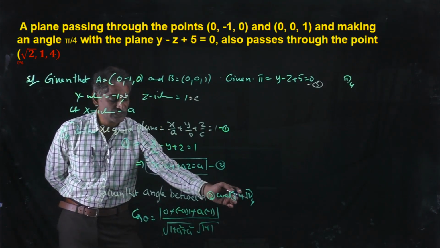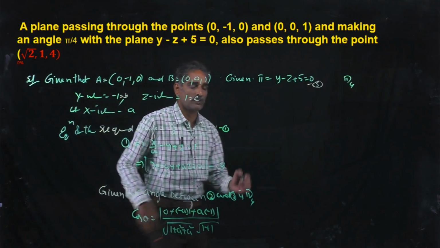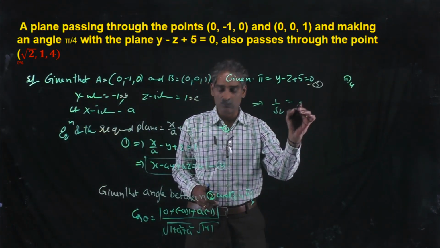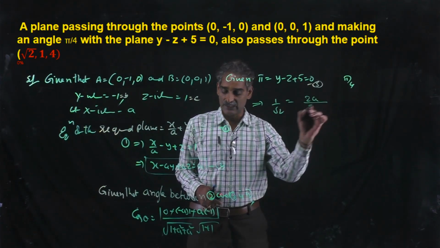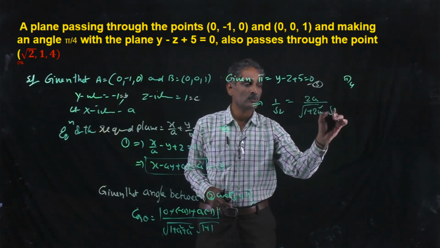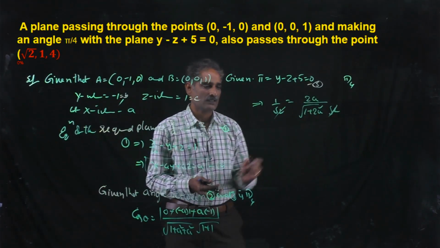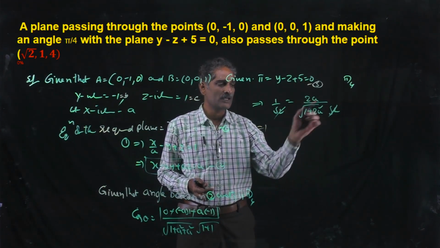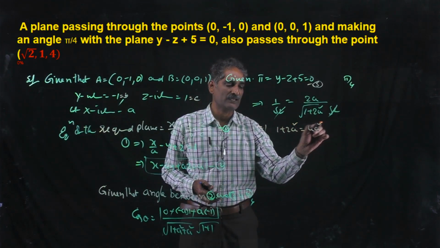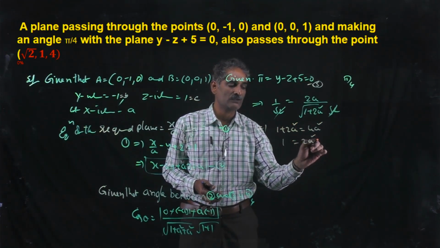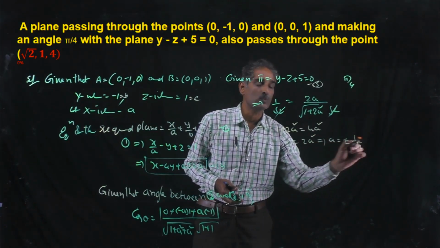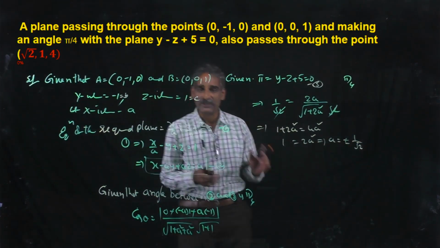Here we are given that theta equals pi/4, and cos pi/4 equals 1/root 2. This implies 1/root 2 is equal to 2a divided by root of (1 + 2a²) into root 2. Root 2 gets cancelled. Now squaring on both sides, we get 1 + 2a² = 4a², so 1 = 2a². This implies a equals plus or minus 1/root 2. This is the value of a.